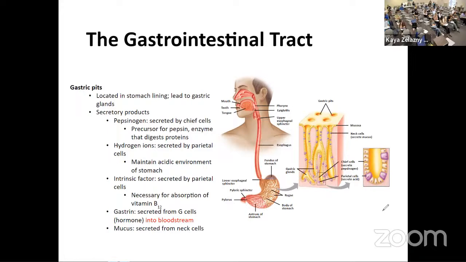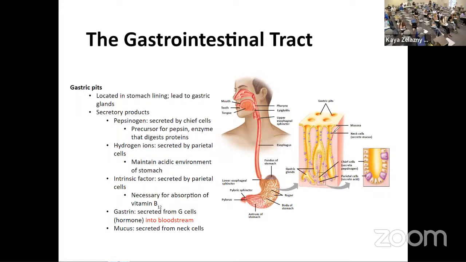Gastrin is a hormone that gets secreted from G cells, which are also down here in your gastric glands. And those ultimately go into your bloodstream because we're going to need to do things like send signals to your brain about how full your stomach is, right? And to send a long distance signal, we need to put something into the bloodstream. We need a hormone.